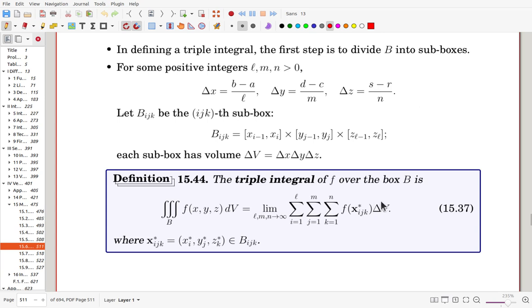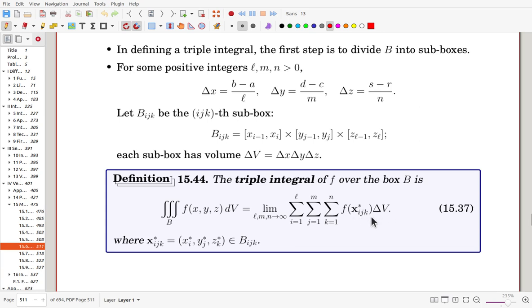And for the function, we try to get a typical value at x star ijk, which is in B_ijk, and that is playing the role of height, and that is the volume.